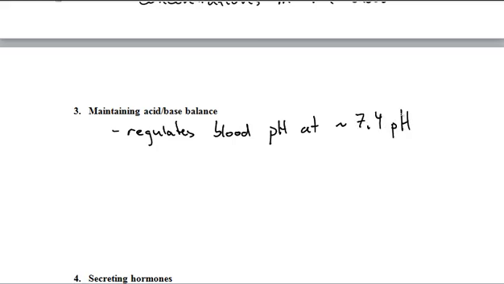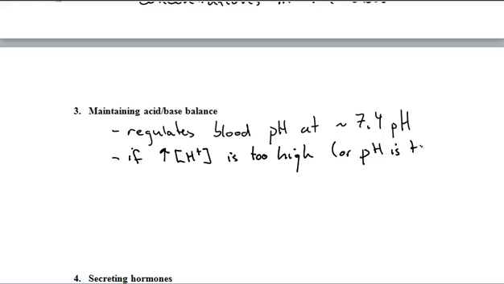And we talked about how the bicarbonate system helps to regulate blood pH, but if the concentration of H+ is too high, what will happen to pH if H+ goes up? If you said it's too low, excellent.